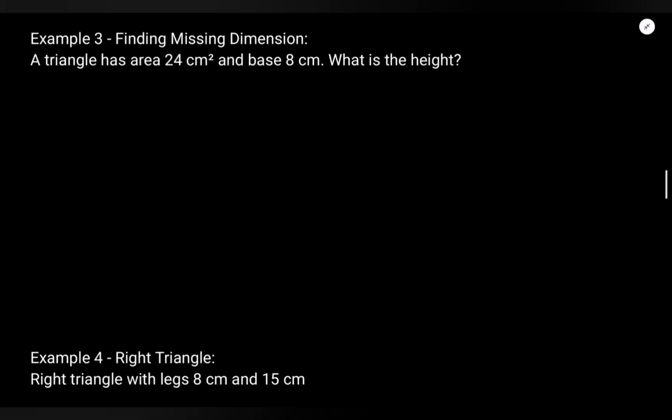Here is a very important example. This kind of question you should know. Find the missing dimension. A triangle has an area of 24 centimeter square. So area is 24 centimeter square. Base is 8 centimeter. They are saying find the height, right? Now I will tell you how you should do this.